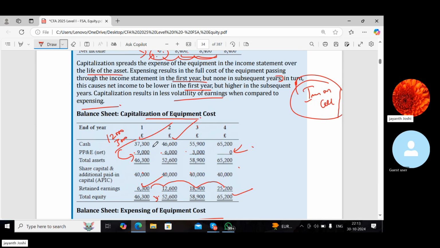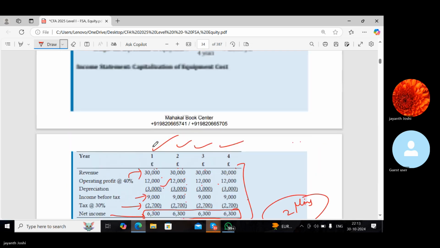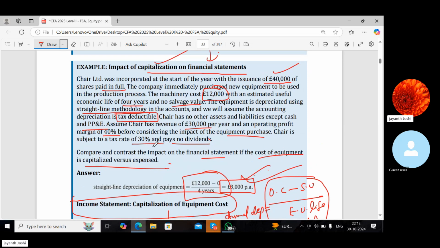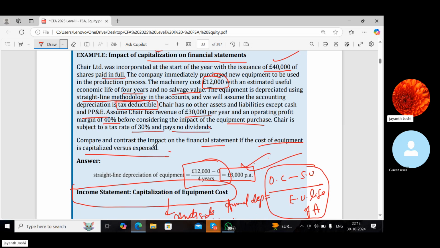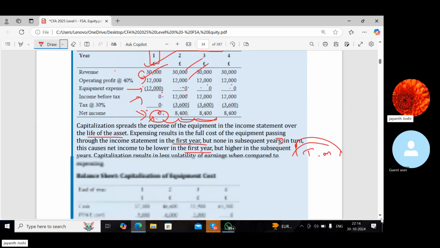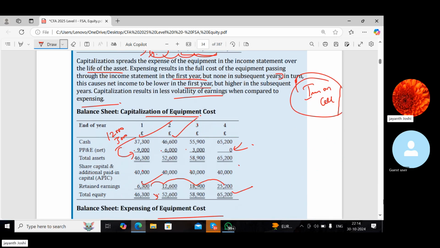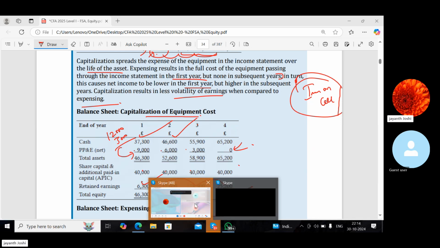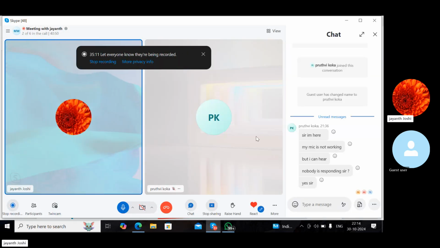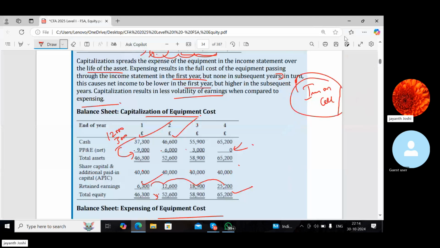What was the profit in the first year? From where did they get this cash balance?